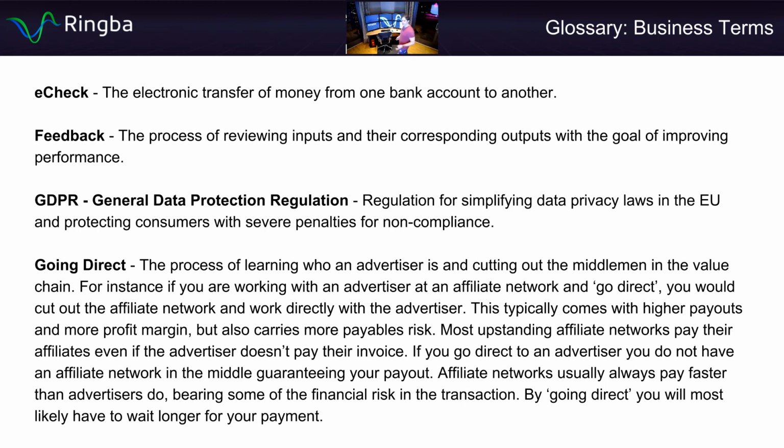Because most upstanding affiliate networks pay their affiliates even if the advertisers don't pay their invoice. If you go direct to an advertiser, you do not have an affiliate network in the middle guaranteeing your payout. And so affiliate networks usually always pay faster than advertisers do, bearing some of the financial risk in the transaction. So by going direct, you will most likely have to wait longer for your payment.